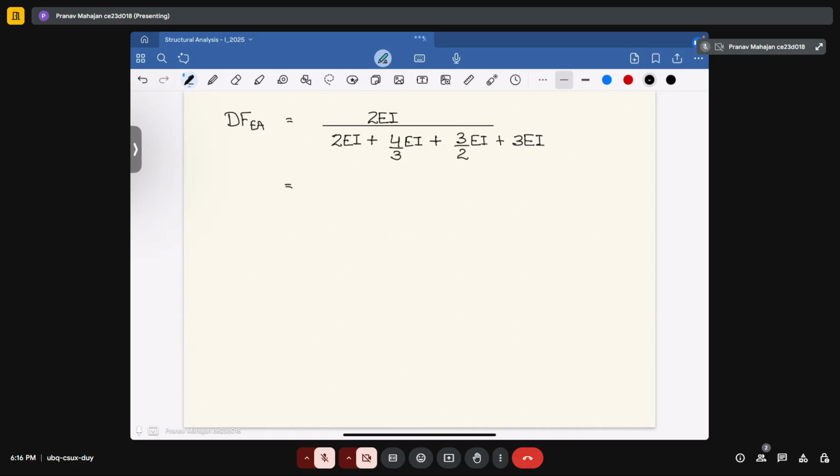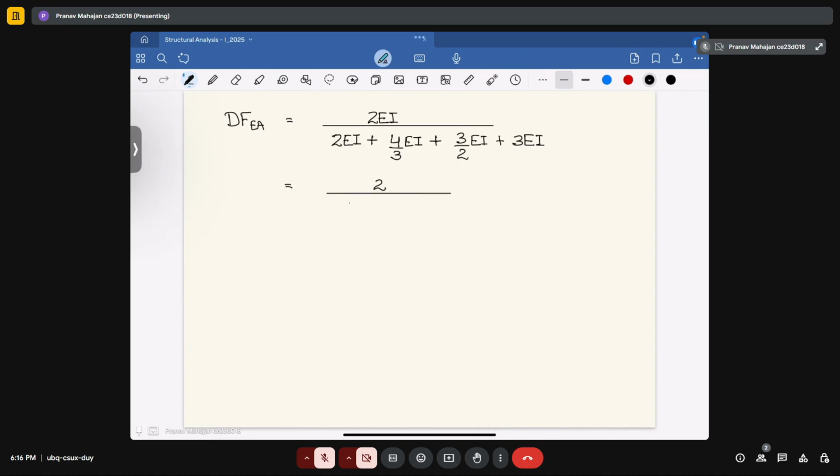For this you can eliminate E from the equation, and then what remains is 2 divided by 6. If you take the whole LCM, it would be 6.